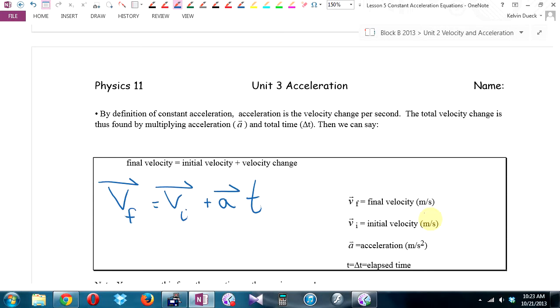Okay. Also, what Jacob and I just did together is what's called formula manipulation. This equation actually contains 4 different equations. You know how I know it contains 4 different equations? How many different variables are there in there? 4. You can rewrite that to get any variable by itself.